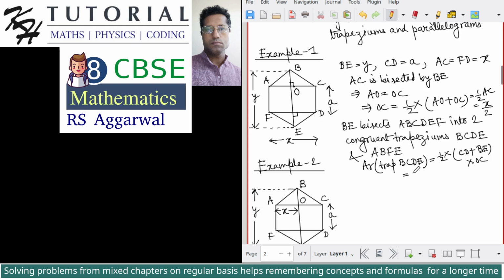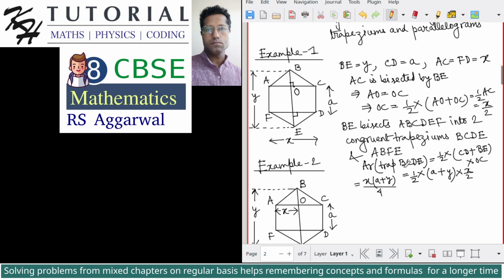So this is equal to half multiplied by CD, which is small a, the length of each side of the regular hexagon, plus BE, which is given to be y, and we have OC, which is x by 2. So this will be x into a plus y divided by 4, based on the given dimensions for the regular hexagon ABCDEF.